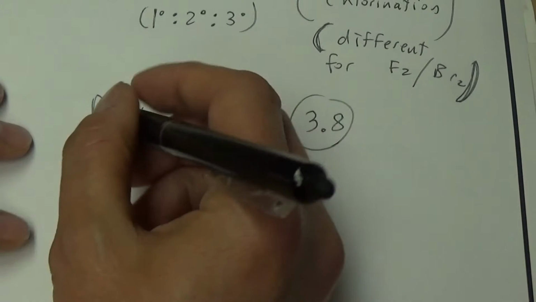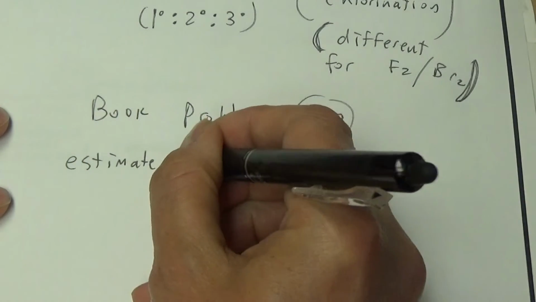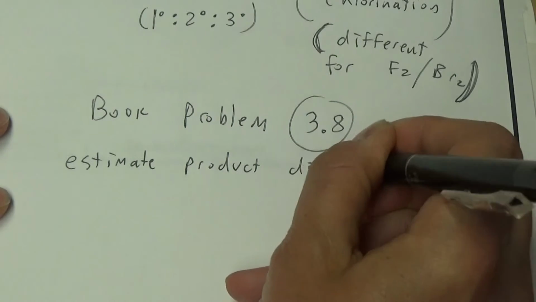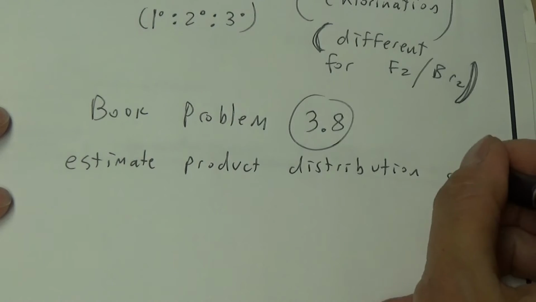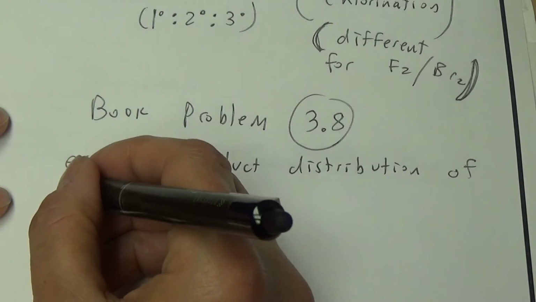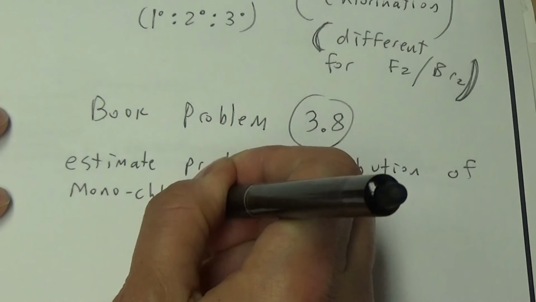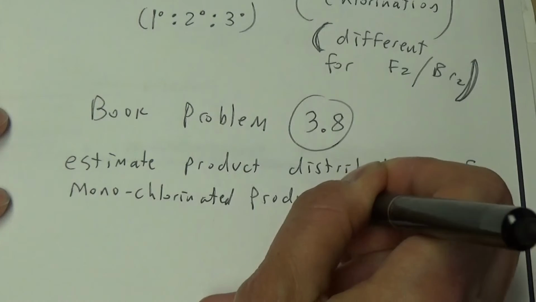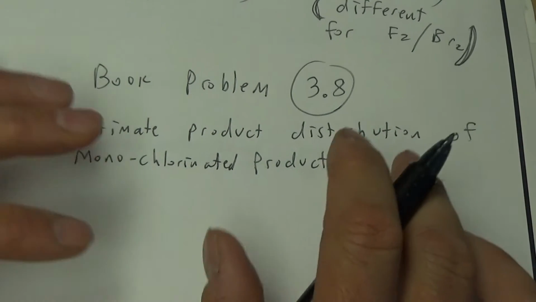So basically it's asking to estimate the product distribution of monochlorinated products for this reaction.